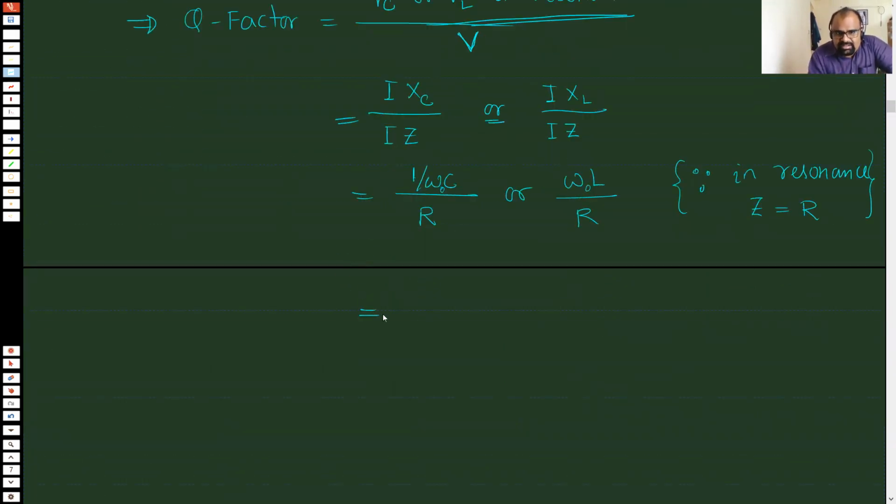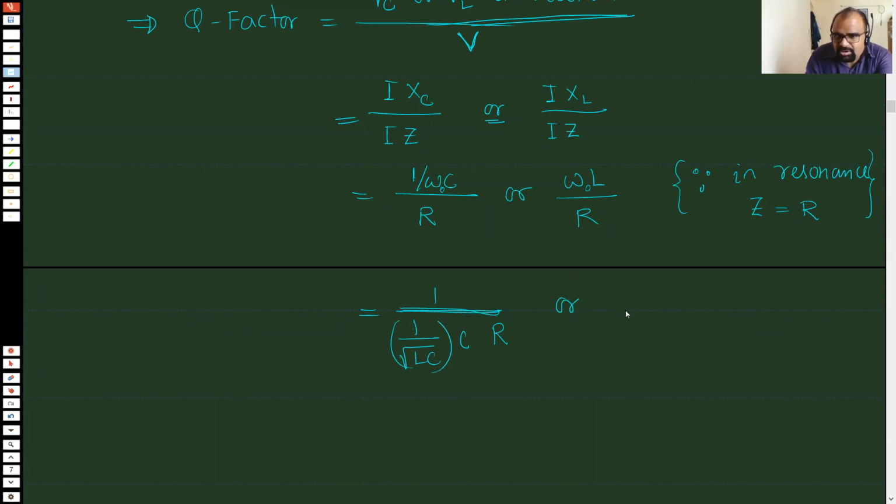Okay. Now, do we know the value of omega naught? Of course, we know. We know the value of omega naught is 1 by root LC into C into R. 1 by omega naught C, this thing is in the denominator, and in place of omega naught, 1 by root LC.